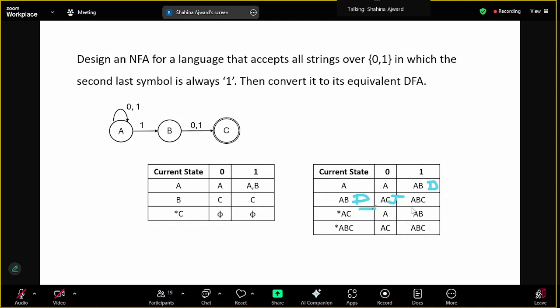Then this also becomes J. For ABC, we can say another one, H. So it's just a symbol. Okay, I hope it's clear for you.